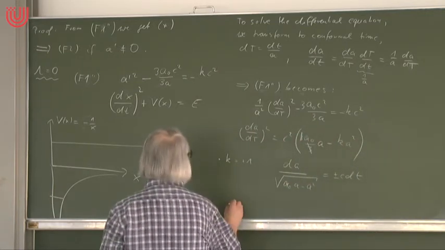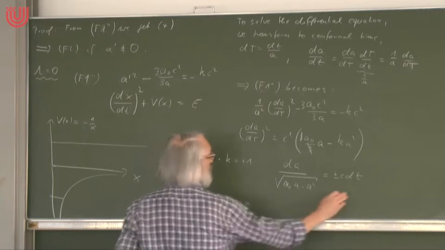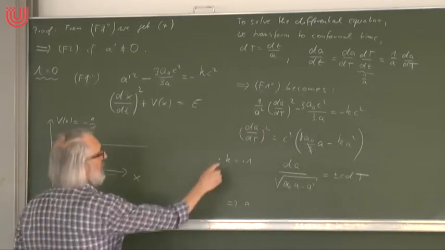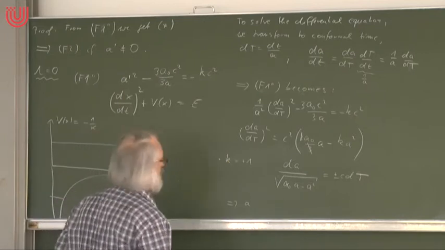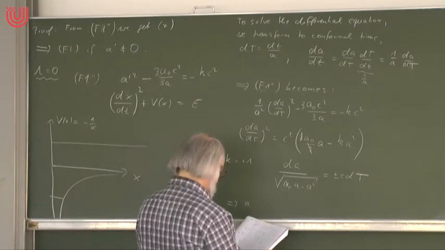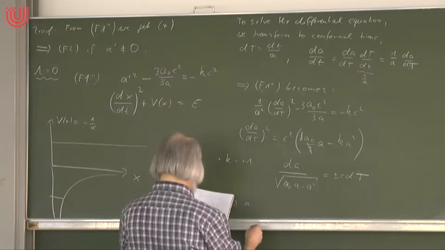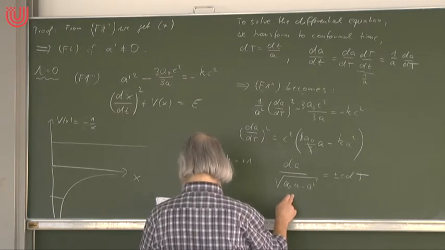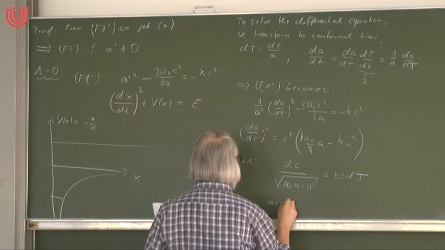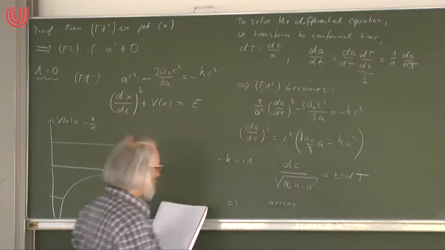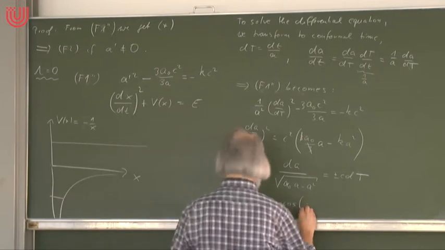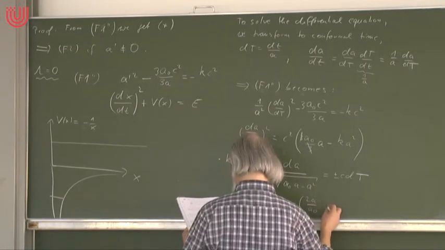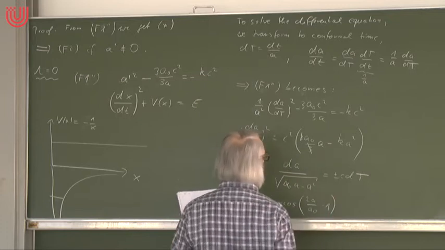So the result is A. It's now, oh, sorry, this is a capital T. It's a capital T, yeah? Here, capital T. So the A of capital T is, have to look up the signs. Let me just solve the integral. So if I solve this integral here, I get the inverse cosine 2A over A naught minus 1.